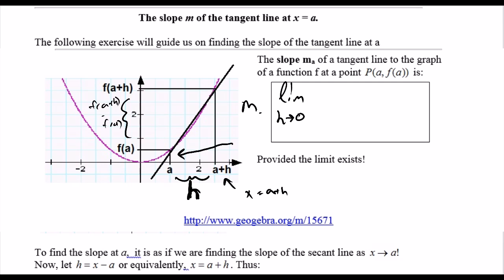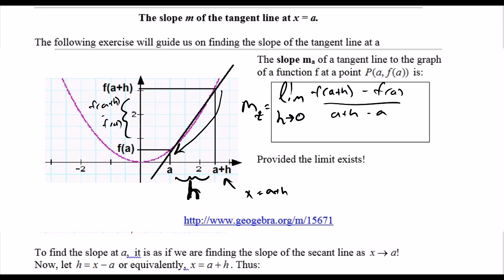So the slope of our tangent line is going to be the limit as h approaches 0 of the slope of our secant. The slope of our secant, as we write it out new, is going to be f of a plus h minus f of a, all over a plus h minus a. So the slope of our tangent line is equal to our secant line as it approaches that point.